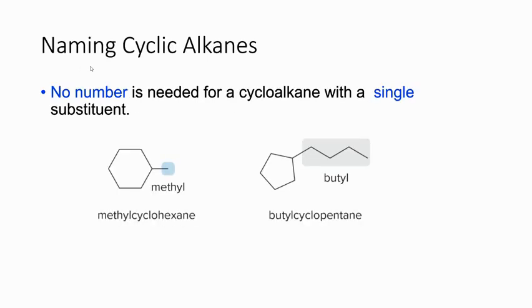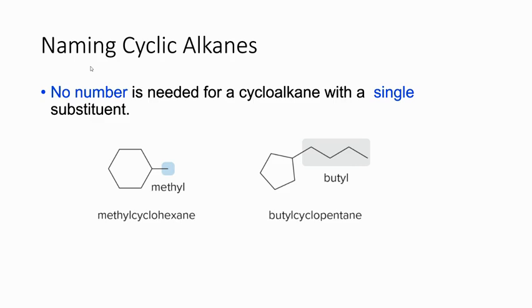All right. Let's see. Okay. If you have only one substituent, then you don't need to put the number. You can. This would be 1-methyl cyclohexane. This one would be 1-butyl cyclohexane.